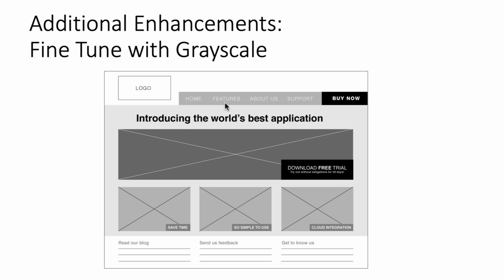We wouldn't want to put in our full color scheme until maybe a later prototype. But this could easily be fitted in with our color scheme later on. So let's say our site actually has a color scheme of dark blue, light blue, and white.